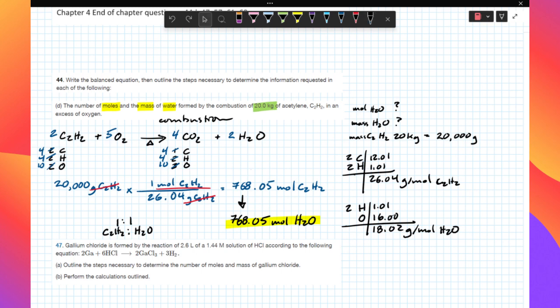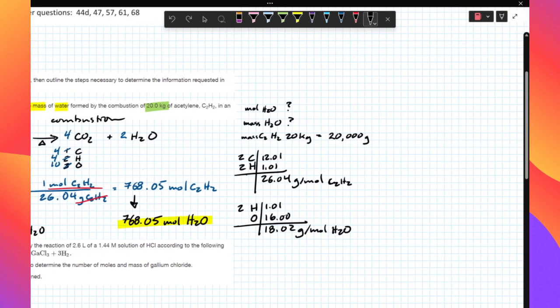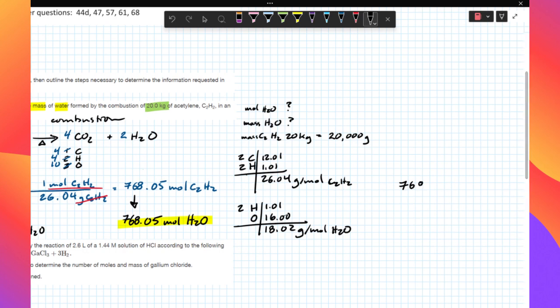So I'm running out of space here. We have 768.05 moles of H2O. And for every mole of H2O, we get a mass of 18.02 grams.